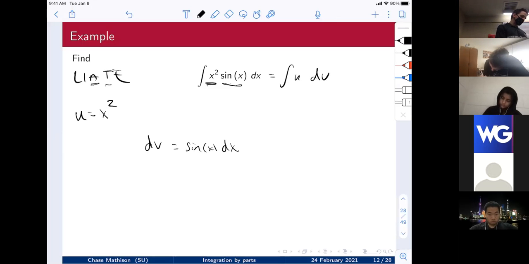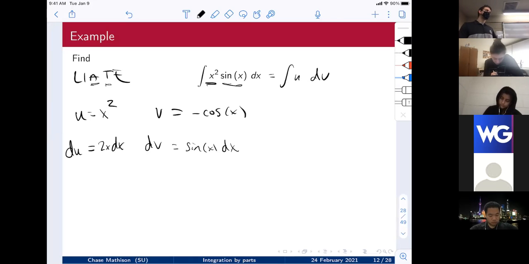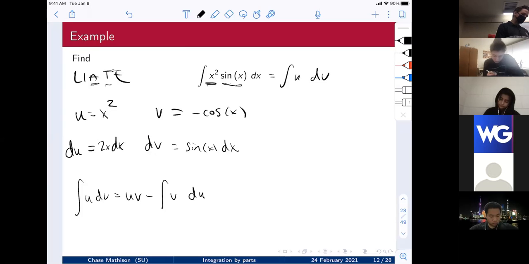Okay. Then what is du? 2x dx, perfect. And what is v? Perfect, exactly right. Negative cosine of x. Very good. So this is the integral of u dv is, again, uv minus the integral of v du.